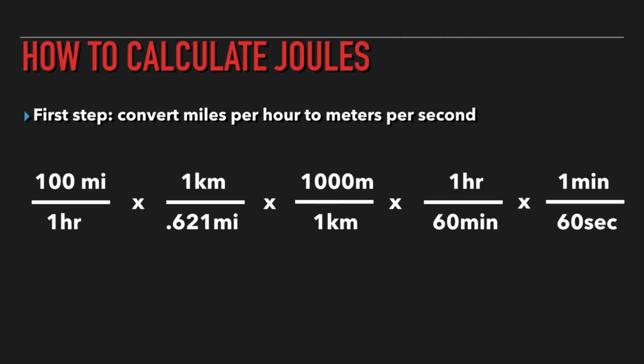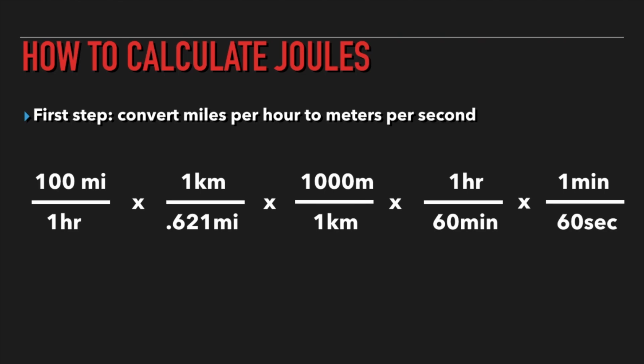And then finally, we take our minute and cross that out. Our 1 minute over 60 seconds crosses out with our 60 minutes under our 1 hour. And if you followed along, you can see that the only thing that didn't cancel out here was the meters, where we have 1,000 meters, and the seconds, where we have 60 seconds. And that's exactly what we wanted, because we wanted meters per second.